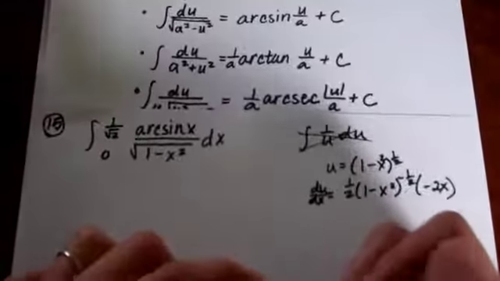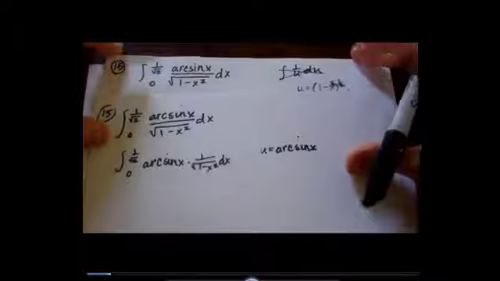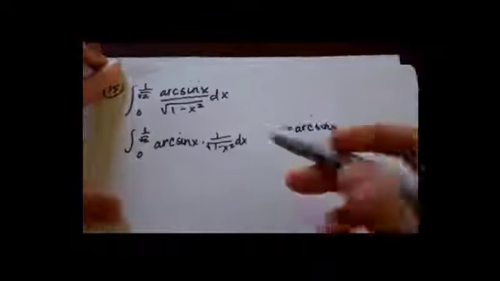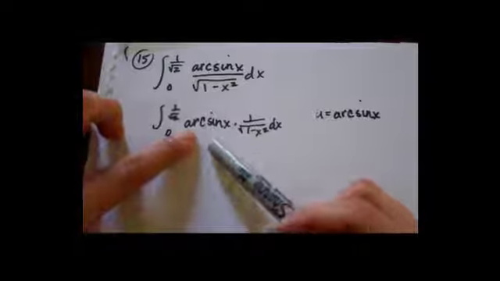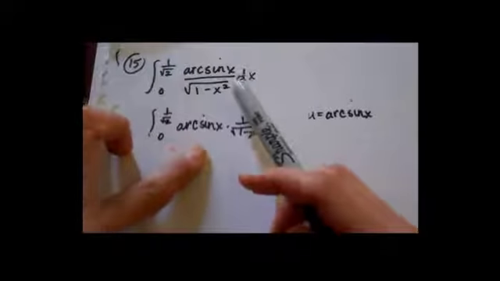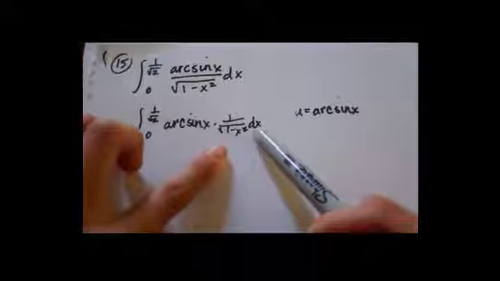So this is where you're left to, you've kind of done a process of elimination. These are out. This one's out. So what we're going to be left with is rewriting. What I have done here is I have rewritten this integral as a product of two pieces, so the arc sine of x times this 1 over the square root of 1 minus x squared dx.